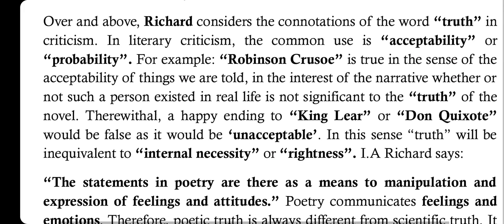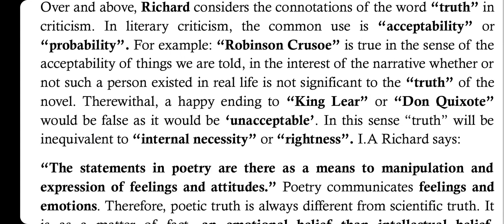Over and above, Richards considers the connotations of the word truth in this chapter. In literary criticism, the common use is acceptability or probability. For example, Robinson Crusoe, written by Daniel Defoe, is true in the sense of the acceptability of the things we are told.